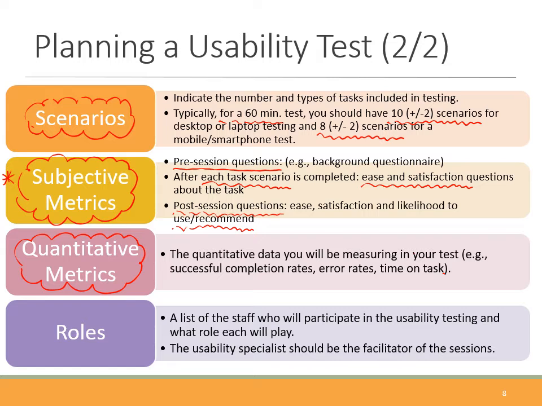Then when we talk about the quantitative metrics, these are the things we would like to measure in our test, and these are not subjective. This is more objective, so this is a good thing that we would like to focus on as well. For example, we can measure time on task.